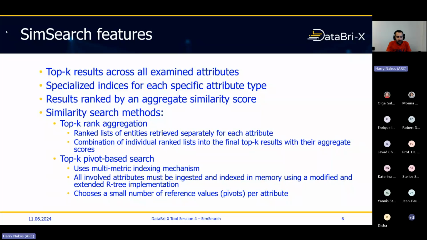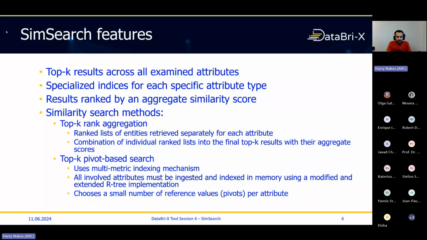The top-k pivot search is another approach that can be used. Here, a multimetric index is used that combines all attributes. This index is in memory, and all attributes must be indexed, so all attributes must be ingested. This index can be created, and an extended R-tree is used for that, because attributes of different kinds must be accommodated.